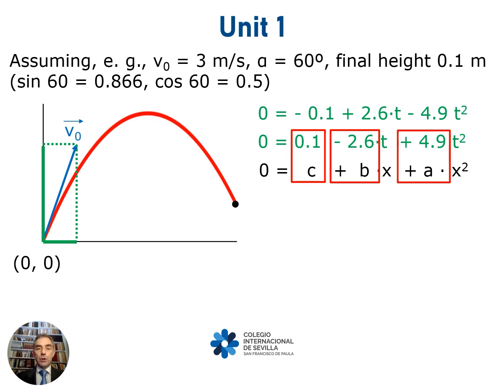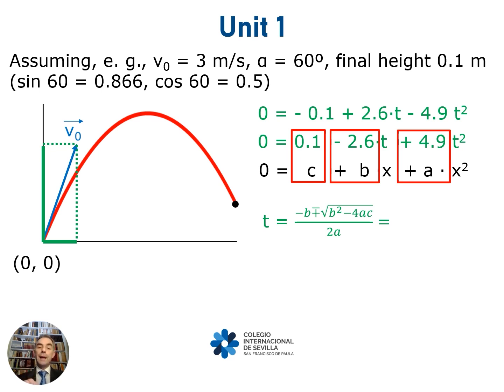For a quadratic equation like this, the solutions come from the following expression, which we will study in mathematics. T, the solutions, equal minus b minus plus the square root of b squared minus 4 times the product of the coefficient of the squared unknown and the independent term, all that divided by twice the coefficient of the unknown squared.